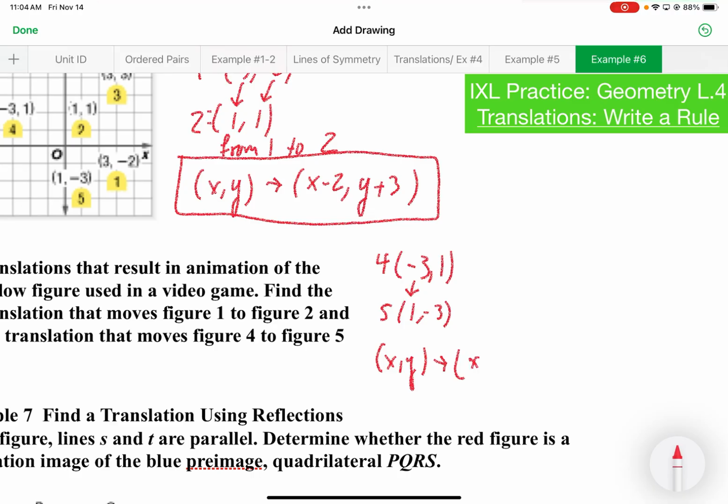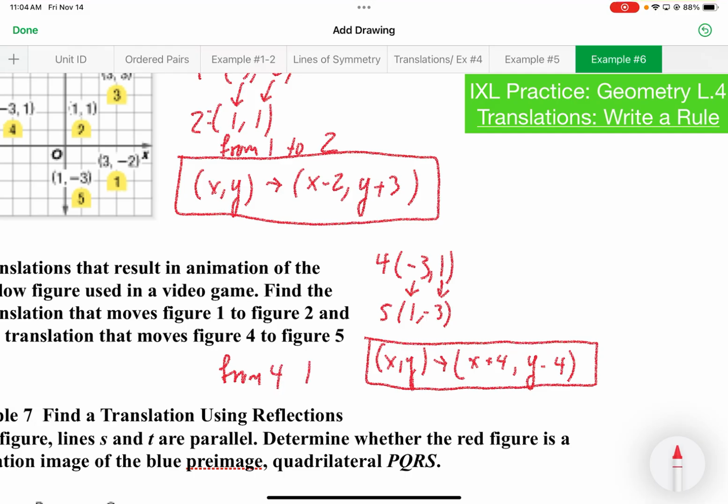Did I add or subtract? Add 4, so x plus 4. Chris is doing the heavy lifting today with the volunteer, and you guys got to help him out. What did I do to get from 1 to -3? Good. So then y minus 4. So those are my rules, that would be from 4 to 5.